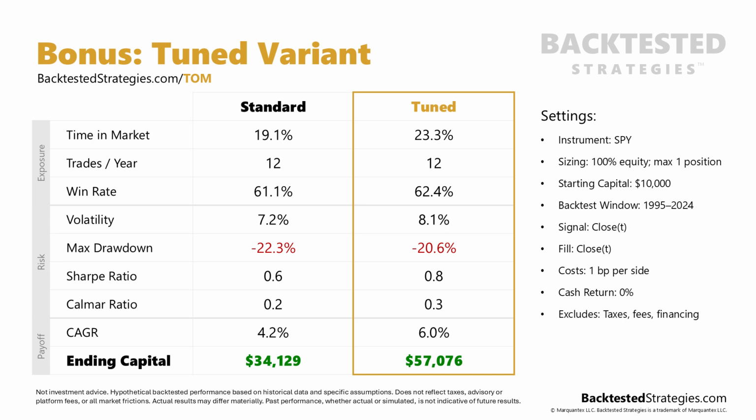So a small rule tweak reshapes the payoff profile in this historical test while keeping drawdowns in the same general ballpark. The takeaway is not that there is a single perfect setting. These results are based on this specific SPY history and set of assumptions. The point is that systematic parameter choices can meaningfully reshape how the strategy behaves, especially for calendar rules where small window changes can have large effects.